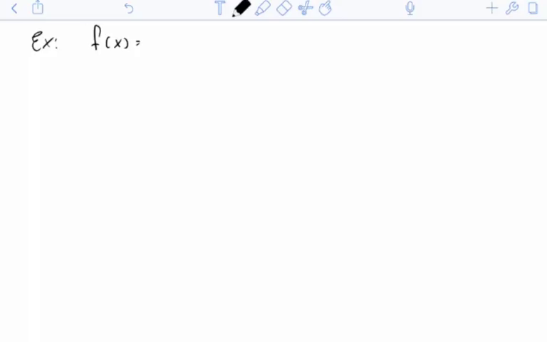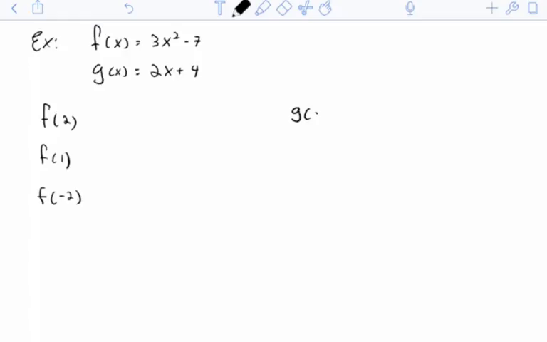So I'm going to name some polynomials here. 3x squared minus 7, and then 2x plus 4. Okay? Let's find out the values.